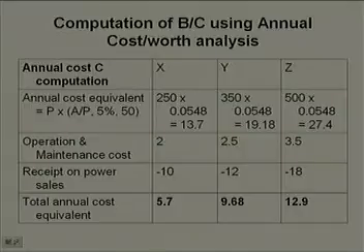Now once this hydroelectric project is constructed, the government will start getting a revenue of 10 million from alternative X, 12 million from alternative Y and 18 million from alternative Z.